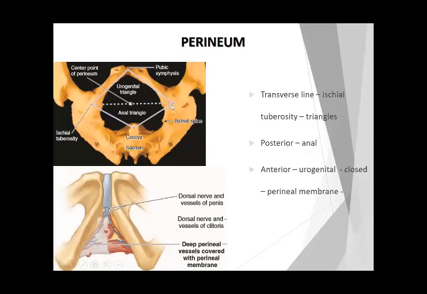The transverse line runs between the two ischial tuberosities, the posterior part of the two ischial tuberosities. This transverse line divides the diamond-shaped area of the perineum into two triangles, an anterior triangle, which is the urogenital triangle, and a posterior triangle, which is the anal triangle.